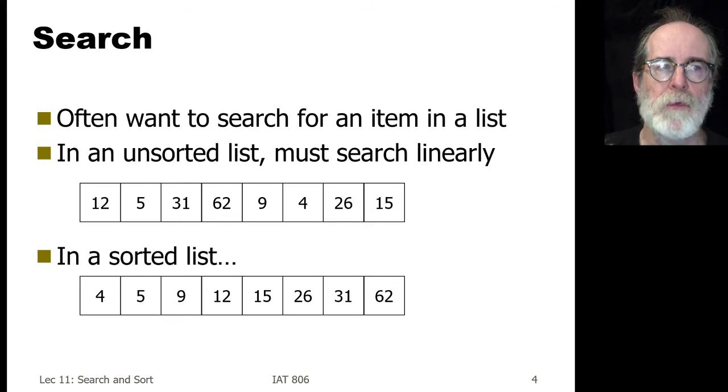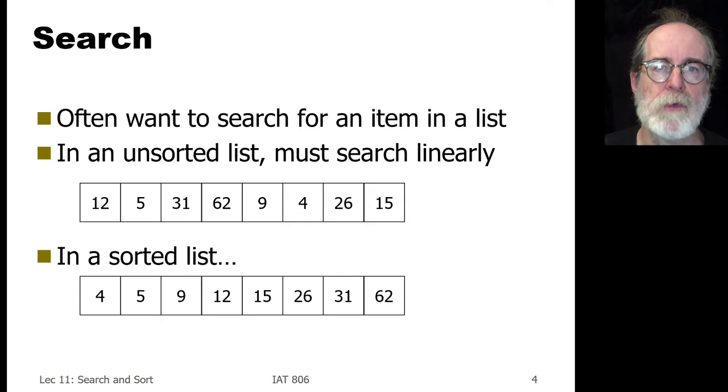So you often want to search items in a list or an array. In an unsorted list, shown up above, you must search linearly because you don't know anything about the list. It seems like it's in random order. It might be in some order that we don't know, but it's not useful for searching in this formulation.